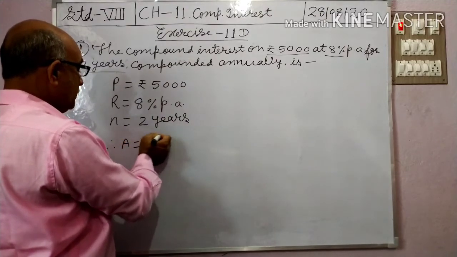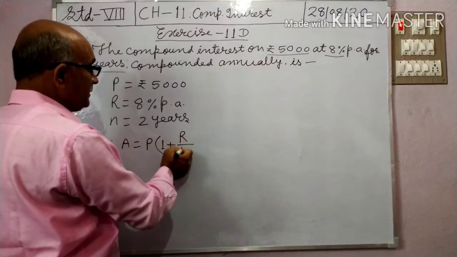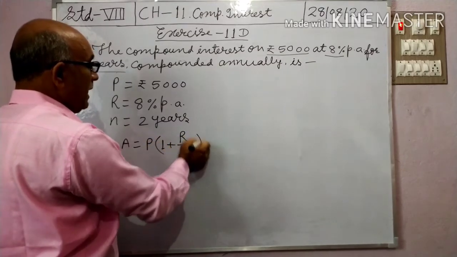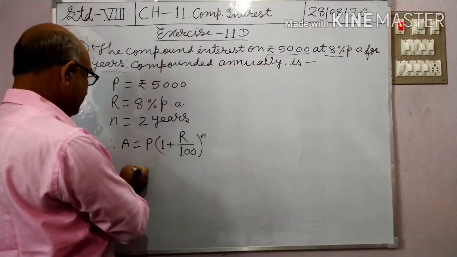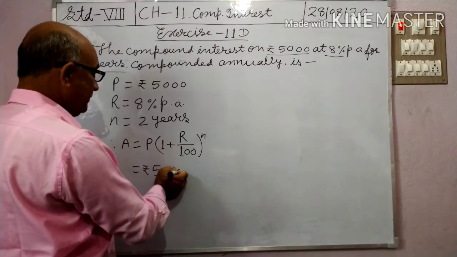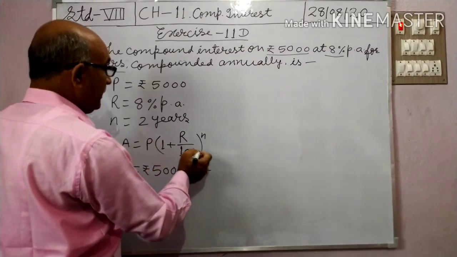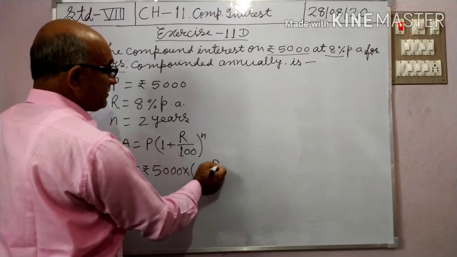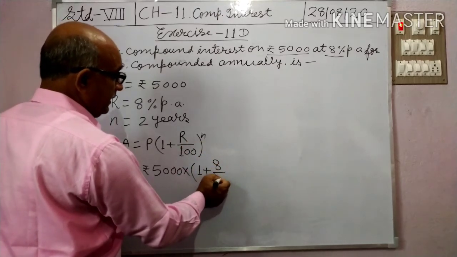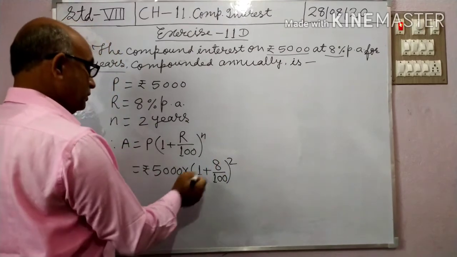The formula is A equal to P into (1 plus R by 100) to the power N, equal to rupees 5,000 into (1 plus 8 by 100) to the power 2.